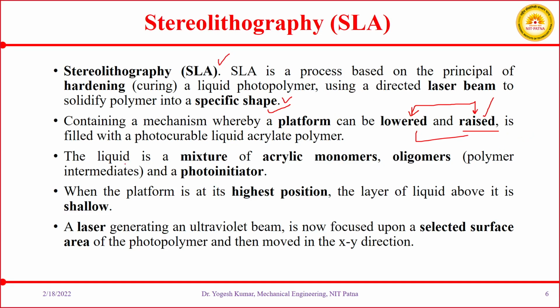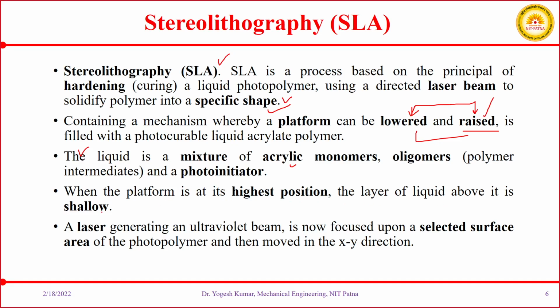The liquid is a mixture of acrylic monomer, which means these monomers are transparent, oligomer, which are polymer intermediates, and a photoinitiator. When the platform is at its highest position, the layer of liquid above it is shallow.